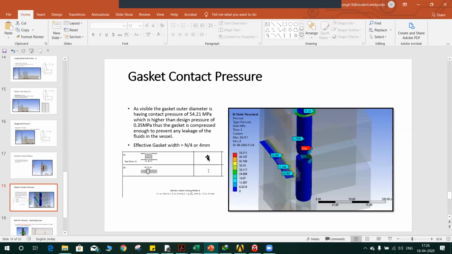N is the total width, but only 1/4 of the width is used, because due to the bolt loading, a moment is created which releases the contact pressure from here, and only the periphery of the gasket is able to have a leakage proof joint compression load. That is why we have a positive magnitude of contact pressure only here, but still it is high, and throughout the periphery it's positive. So we are having a leakage proof joint.